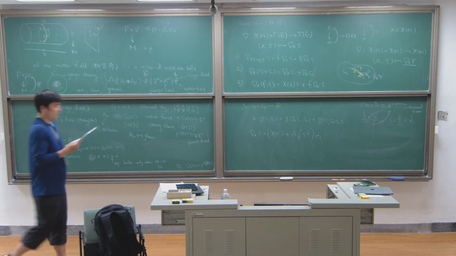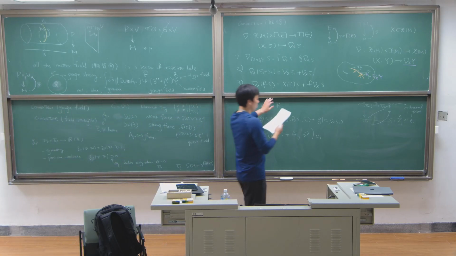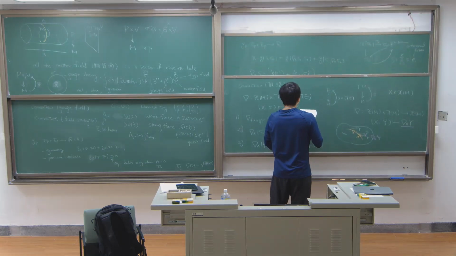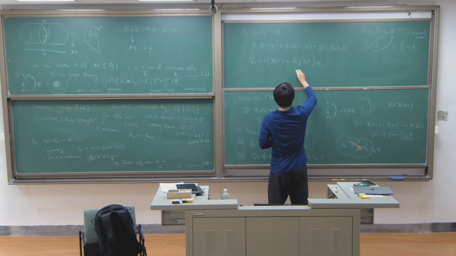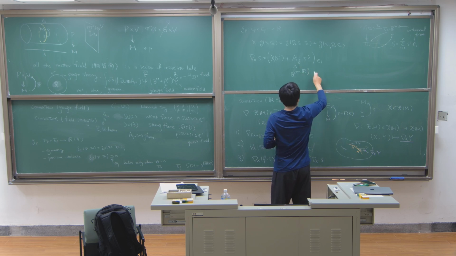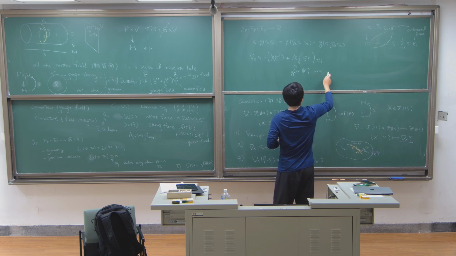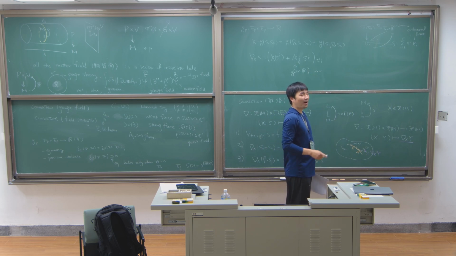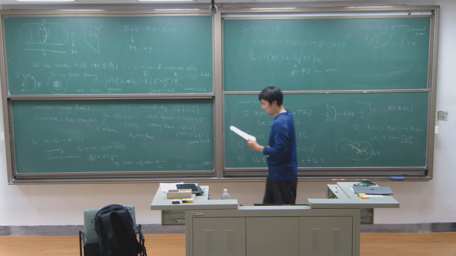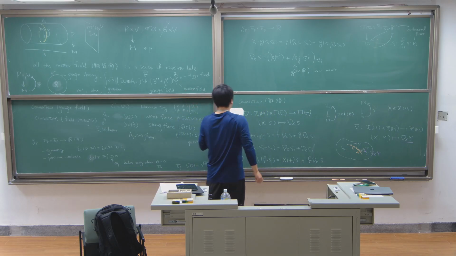Okay. And then this one can be understood as an r by r matrix. This can be understood as GL(r). So essentially, this is an r by r matrix.